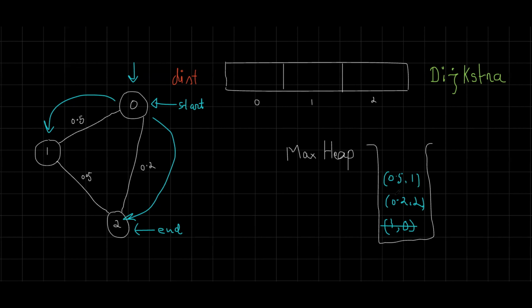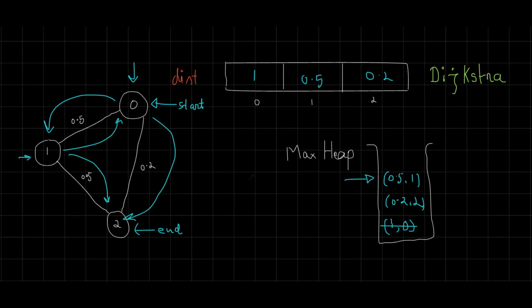So in our max heap, we have found 2 of the nodes. Now we have to initialize 0 with 1 and 1 with 0.5 and 2 with 0.2. Now, what is the top element of our max heap? This is 0.5, and the node is 1. So we are at this node 1. So from 1, we can go to 0 and we can go to 2.